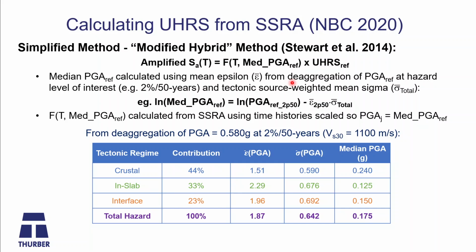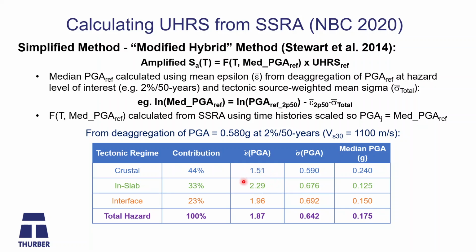That is what you want to use if you're doing a design based on a 2% in 50-year hazard level. Then, by knowing the percentage of contribution from the different tectonic sources, you can get your source-weighted mean sigma value, and using those, you can calculate your median PGA. We've done that down here in this table.